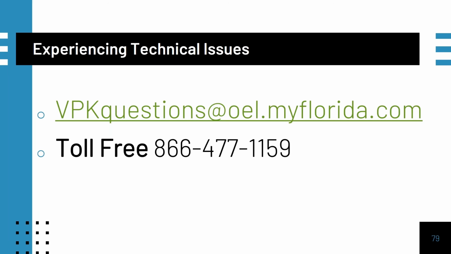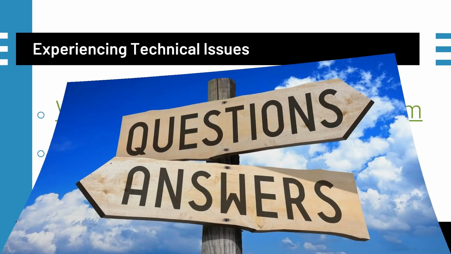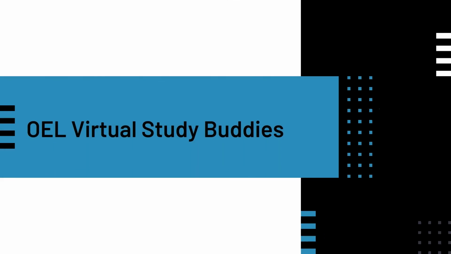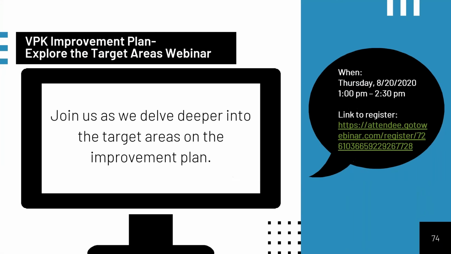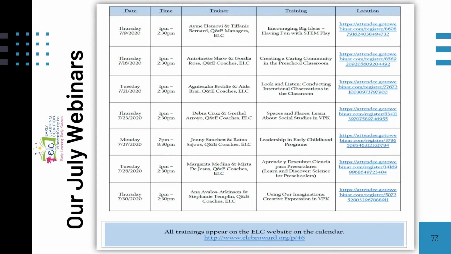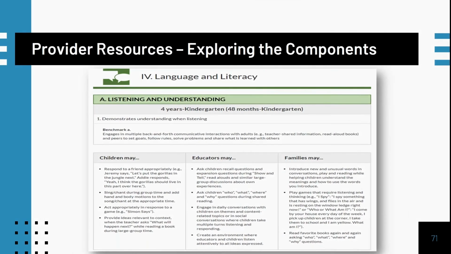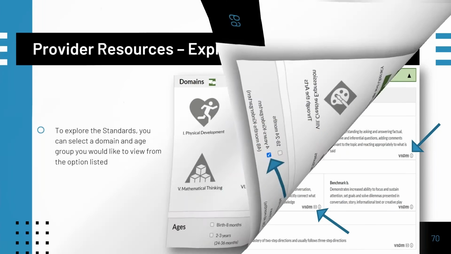Can you remind us of the 4 courses that have to be taken? Those 4 courses would be the standards course. Right now the 3 years old to kindergarten standards is being offered, but it could be the 4-year-old standards course that you've taken previously.